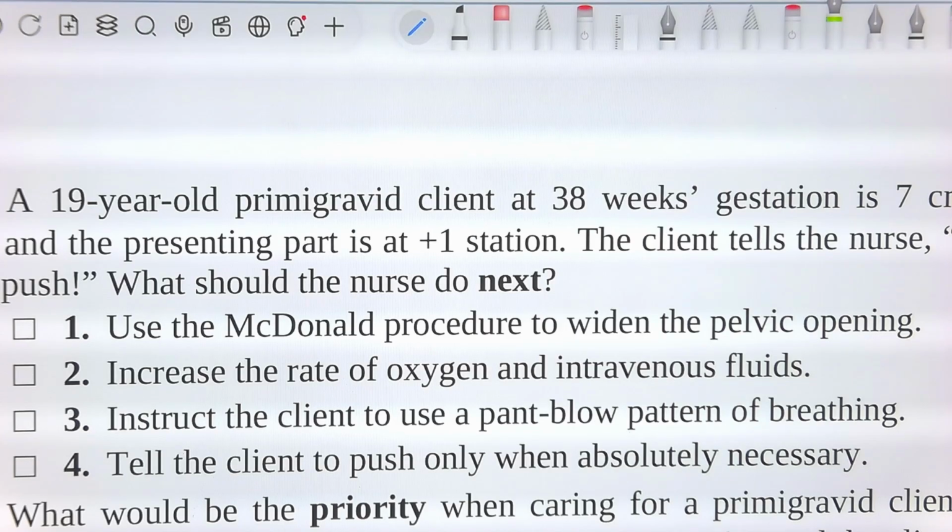Read all the options. So answer number 3 will be the correct. Instruct the client to use a pant-blow pattern of breathing.